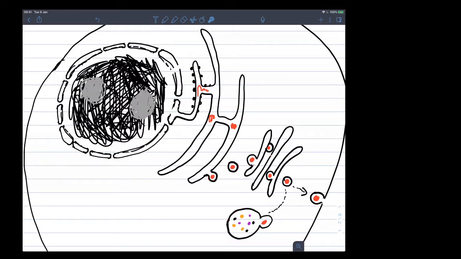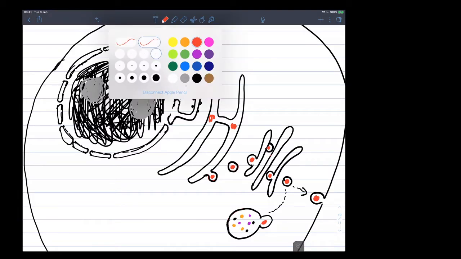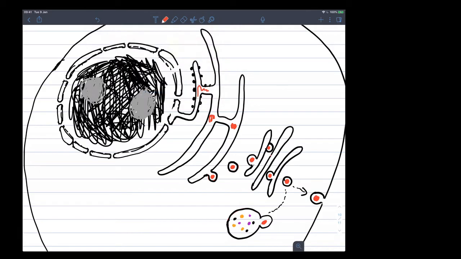Right then, let's continue. So that's the protein synthesis machinery. But while we're here, let's just take care of this other kind of reticulum called the smooth endoplasmic reticulum. Now, the smooth endoplasmic reticulum doesn't completely parallel the structure of the rough endoplasmic reticulum.